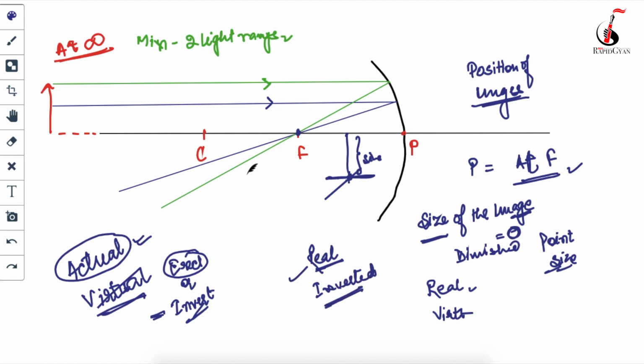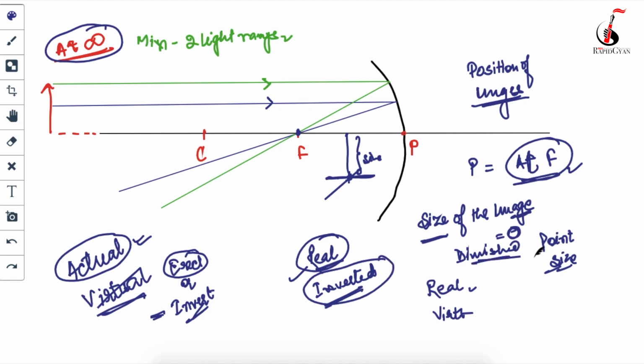What if the position of the object is at infinity? In that case the position of the image will be at focus, the image will be real, the image will be inverted, and the size of the image will be diminished, or you can say point size. This is your first case.